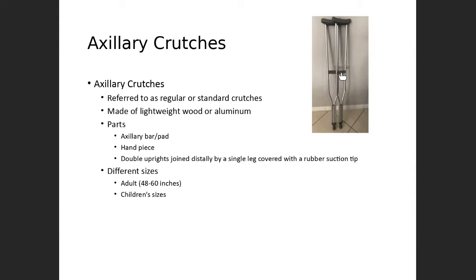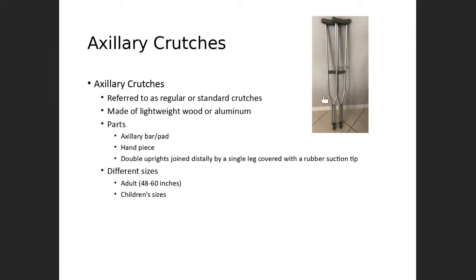When we talk about the hand piece, we can actually move it up and down along the double upright. There's a screw and a wing nut, and sometimes there's a washer as well, that allows us to unscrew this and move this to the appropriate height. We'll talk about what the appropriate height should be when we get into the lab portion.